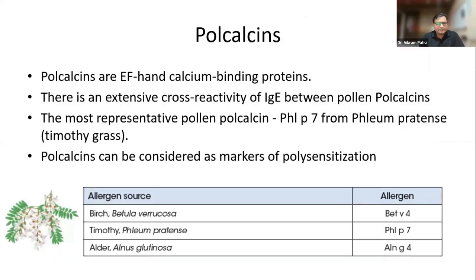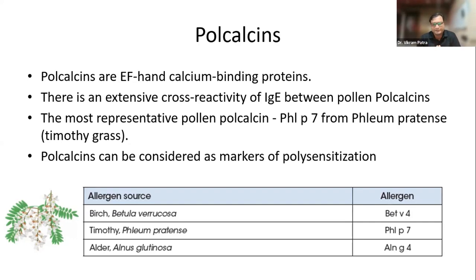Coming to polcalcins, these are minor allergens. These are calcium binding proteins. There is an extensive cross reactivity of IgE between pollen and polcalcin. And the most representative pollen polcalcin is Phl p 7, from the Timothy grass. So if Phl p 7 is found in our multiplex report, then the chances of having polysensitization will be more, and it will be seen with weeds, trees, as well as grass.